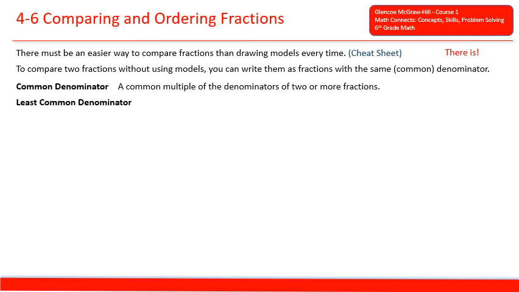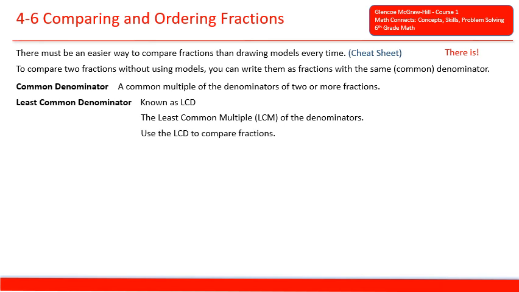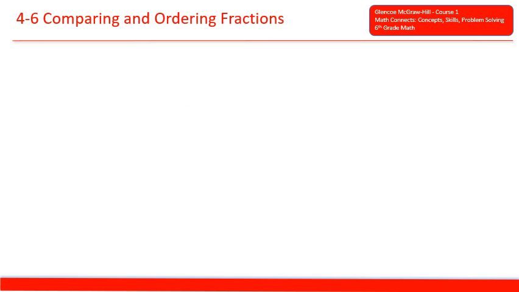So the least common denominator, known as LCD, is the least common multiple of the denominators. So it's just the least common multiple in the denominator of a fraction. We will use the LCD to compare fractions.